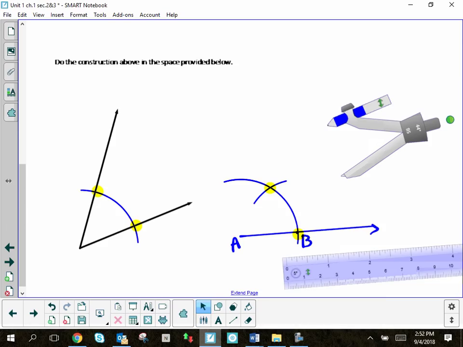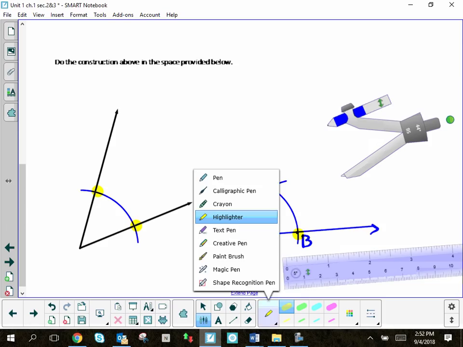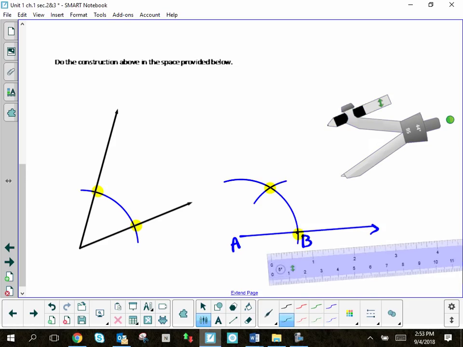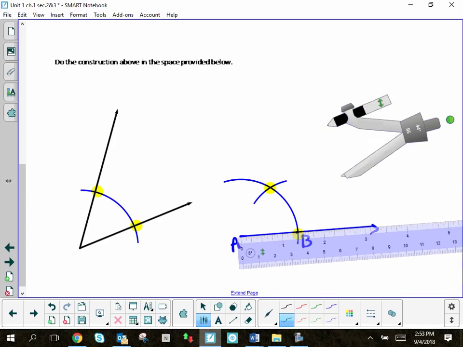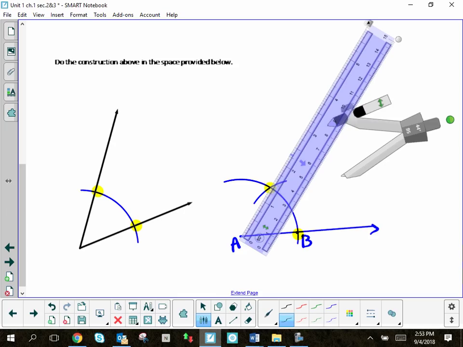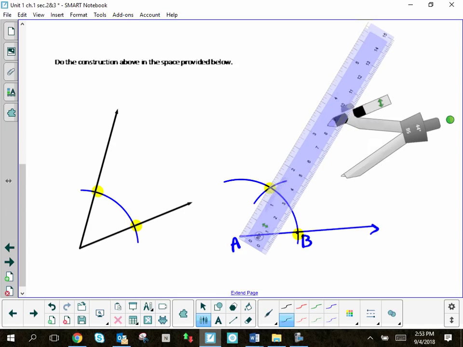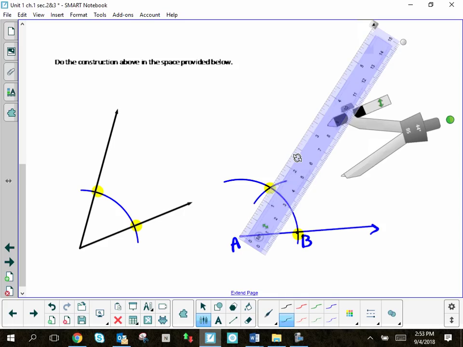So now all we have to do is get our ruler, line it up with A, and line it up with this yellow intersection point. And go ahead and extend another ray.